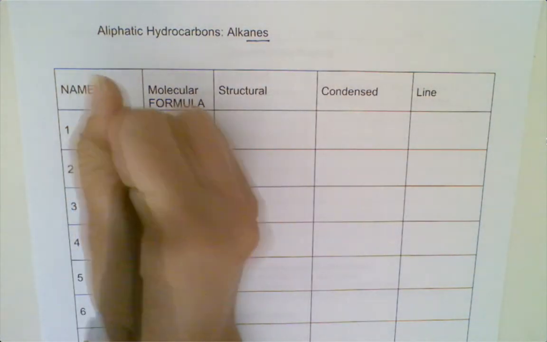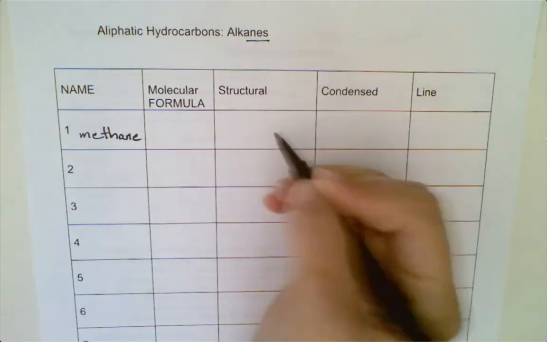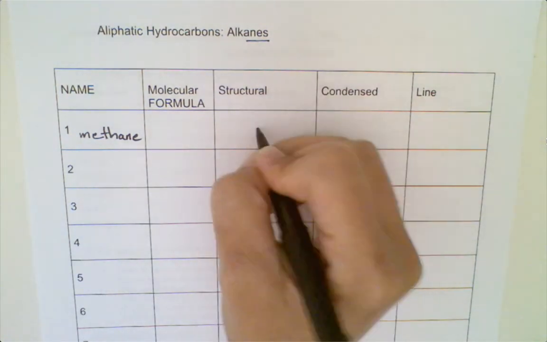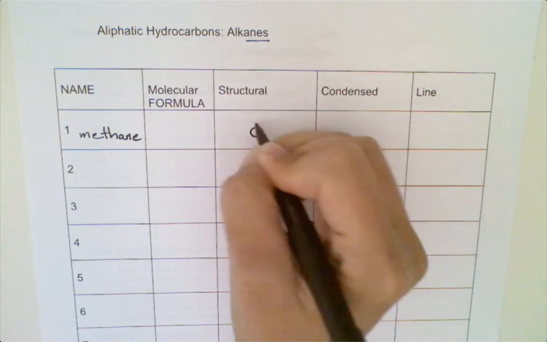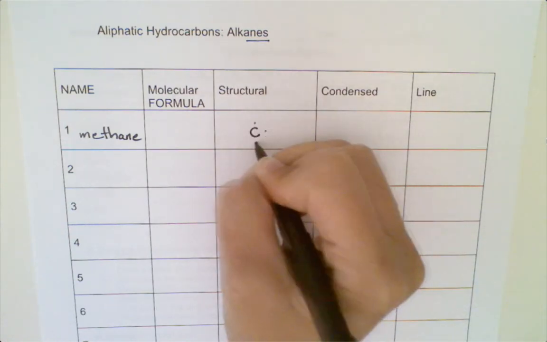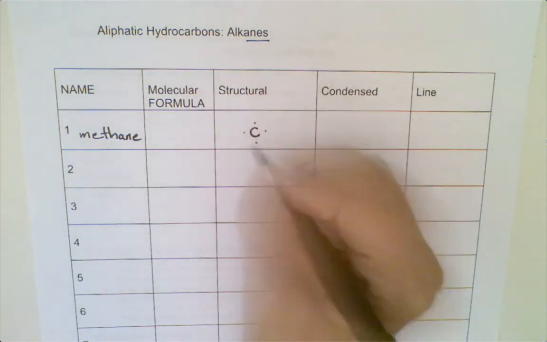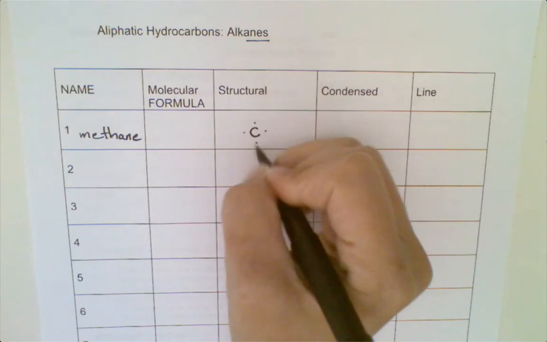So A-N-E, methane. What I'm going to do is draw the structural diagram, and then I'll come back to the molecular formula. So a structural diagram, here is carbon, and we know that carbon has 4 single valence electrons. So that means that it must pair up 4 times. It must fulfill those 4 links.